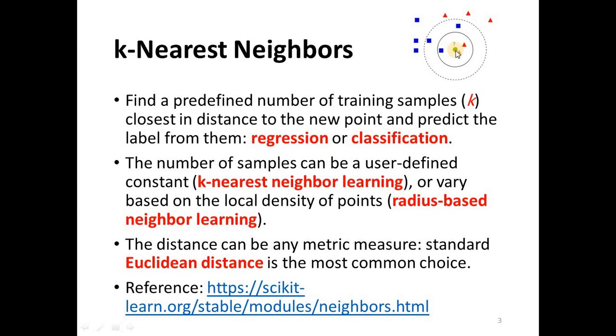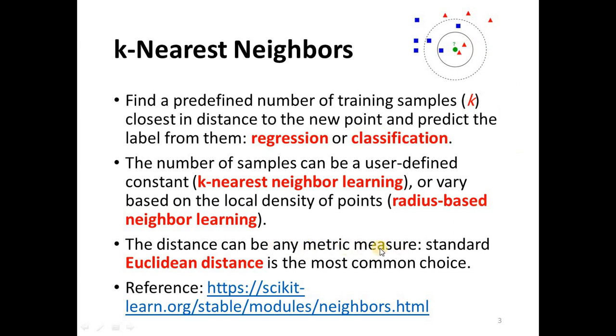We then classify this one as blue. The same thing with k. If we increase k from 3 to 5, the classification changes from red to blue.